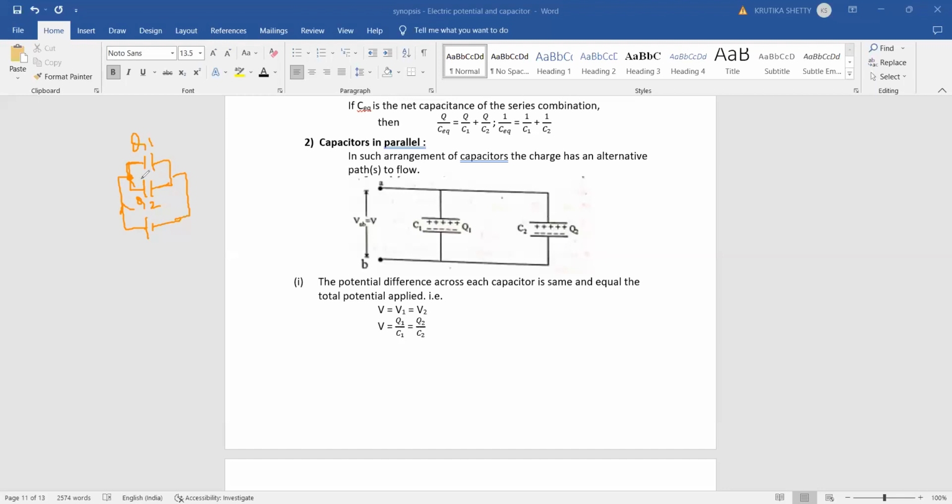But the potential will be the same here. The potential will be the same, that is V, the battery potential. So according to the definition of the capacitor, let us write the equation. Total charge of the capacitor is Q1 plus Q2.